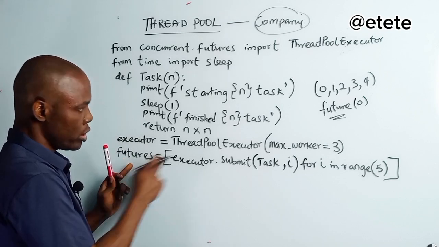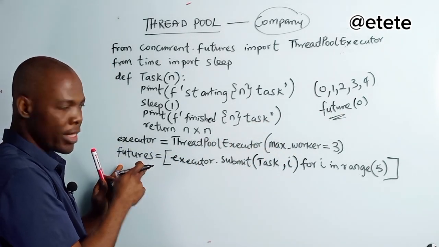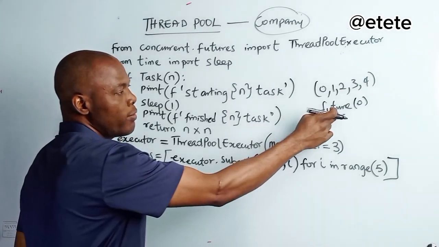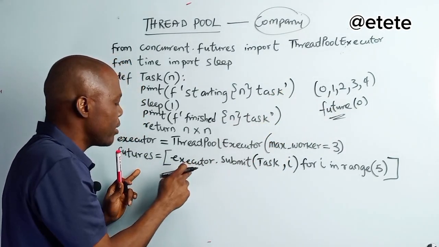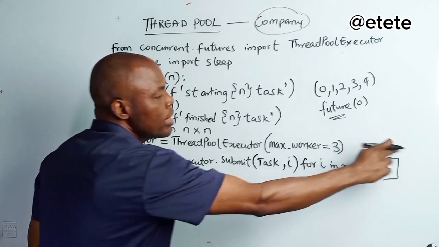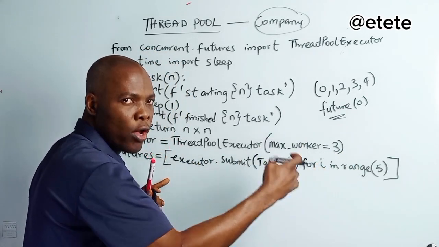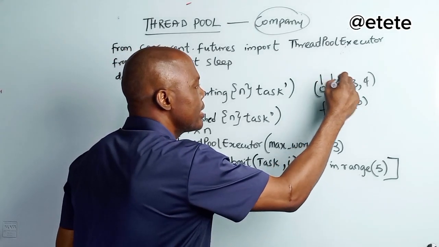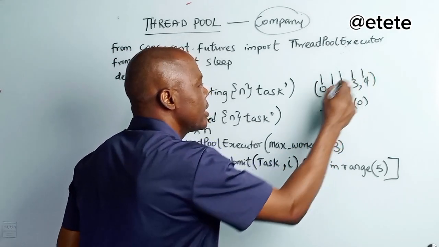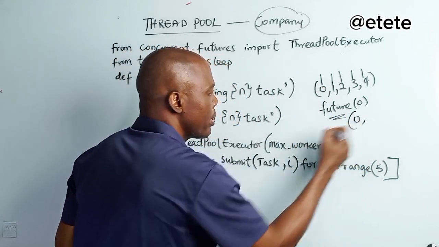And these futures, this is a variable that I created, but this submit is going to create a future variable that is going to hold the value and then store it inside this place. Now I'm using this list so that the result that will be returned will be stored according to how the task is supplied. So the task is given as this, and this. So 0, when it comes back, it will give me 0, right?